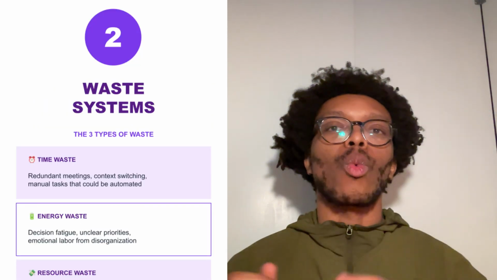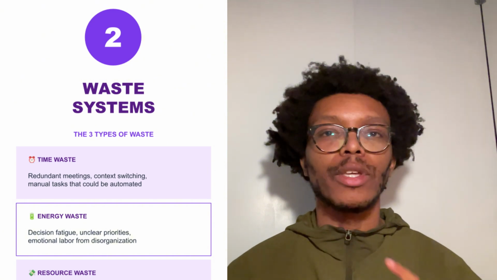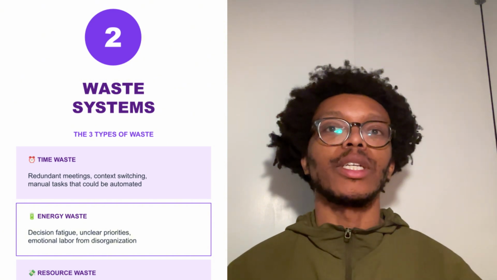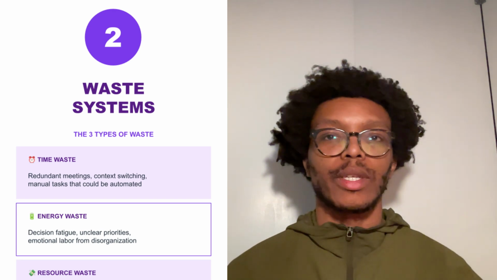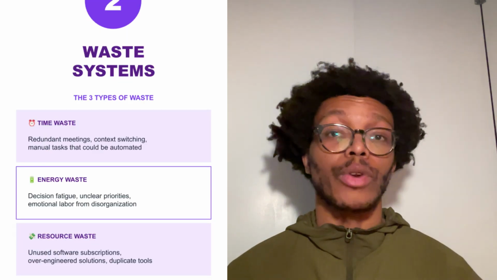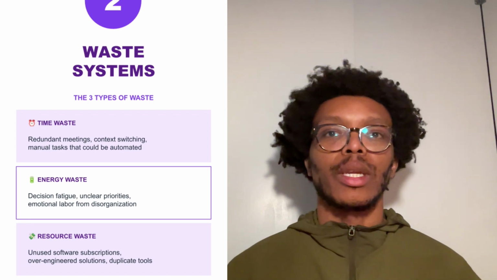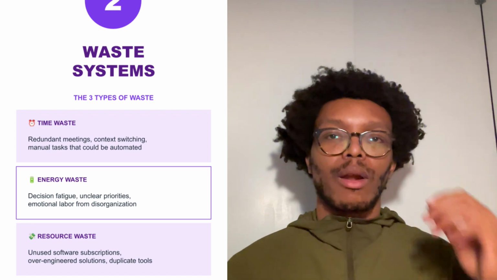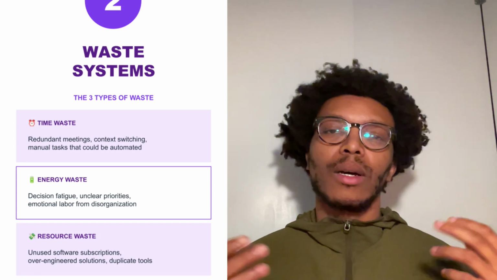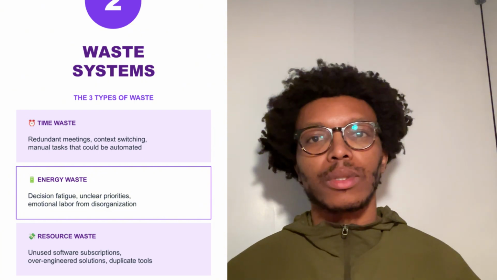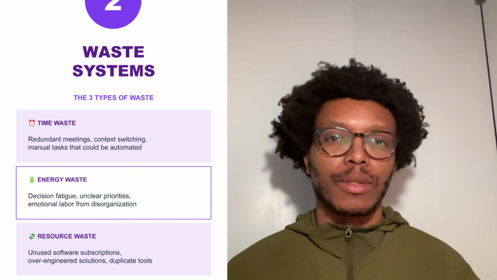System 2 is waste systems. This is where time, energy, and resources leak out. There are 3 types of waste. Time waste, like redundant meetings, context switching, and manual tasks that could be automated. Energy waste, decision fatigue, unclear priorities, emotional labor arising from disorganization.